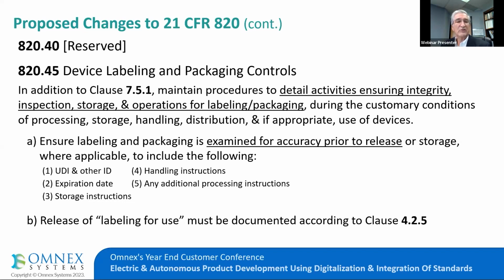So you need to include at a minimum the following: the identification, date, storage instructions, handling instructions, and any additional processing needs. Paragraph B, release of labeling for use must be documented according to 4.2.5 for control of records.